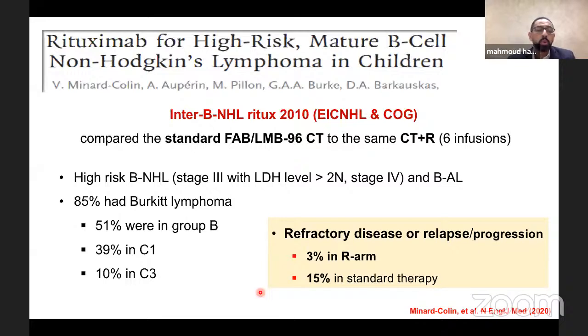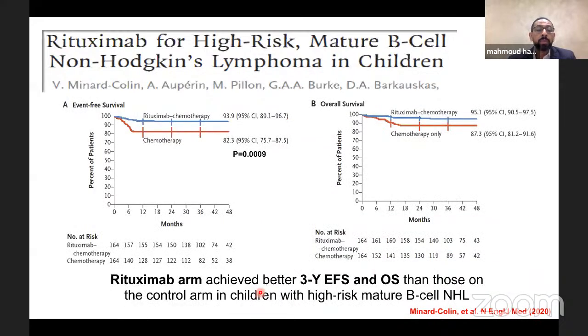They used this protocol in patients who have high-risk features like stage 3 with high LDH and stage 4 non-Hodgkin lymphoma and Burkitt's leukemia. And this also reflected in a better event-free and overall survival in the rituximab chemotherapy arm compared to the chemotherapy-only arm.